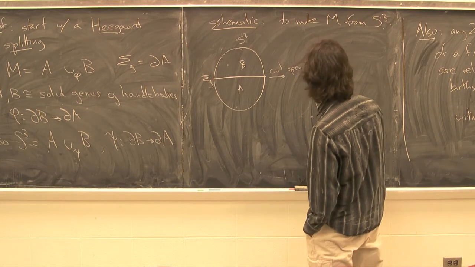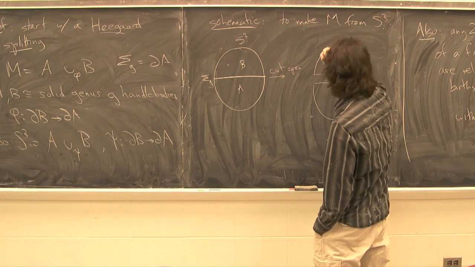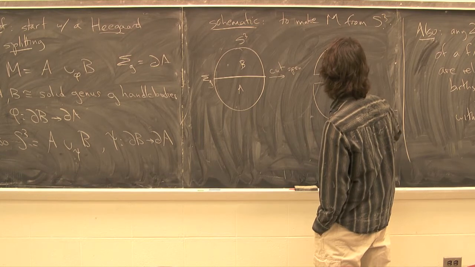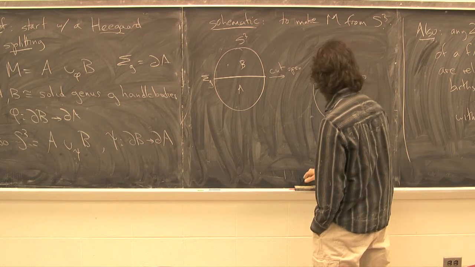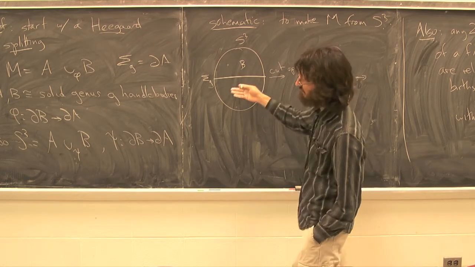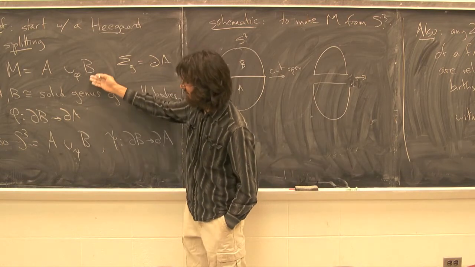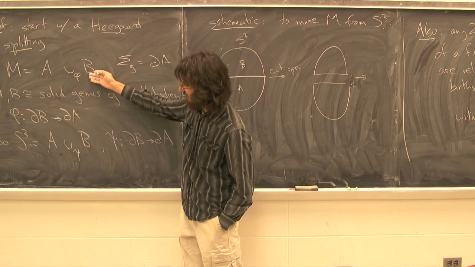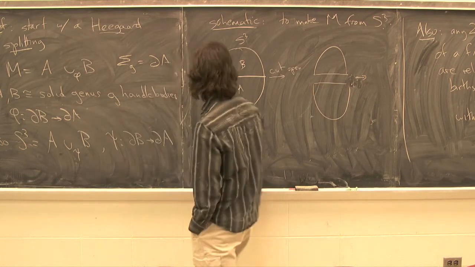That's all I'm saying. And rather than say reglue by phi, we should properly say reglue by phi composed with C inverse or something like that.